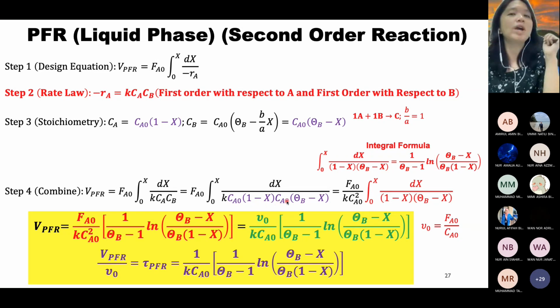So k CA0 squared I take out from the integral part because it will not change with respect to X in your integration. And then what is left is FA0 per k CA0 power of 2. In the integration part, what remains is integral 0 to X dx per 1 minus X in bracket theta B minus X in bracket.